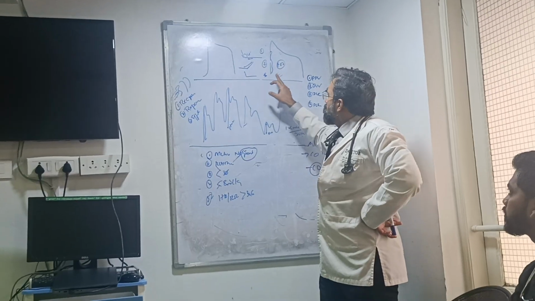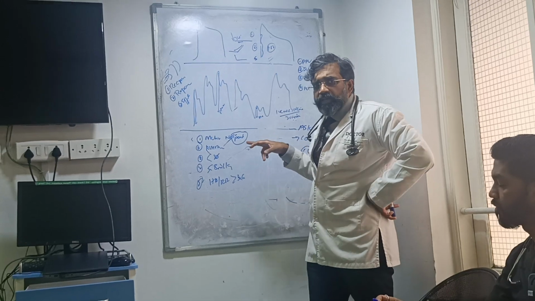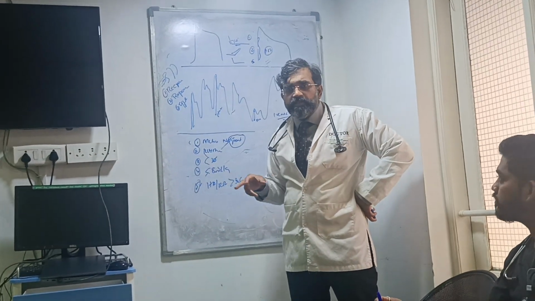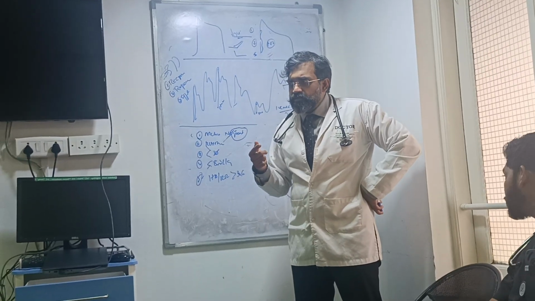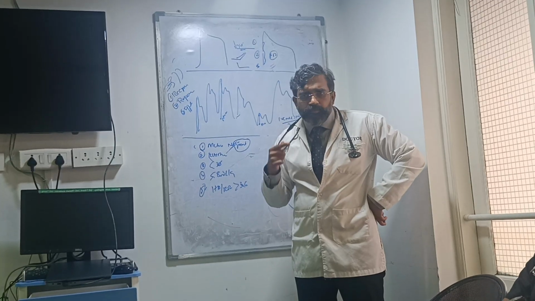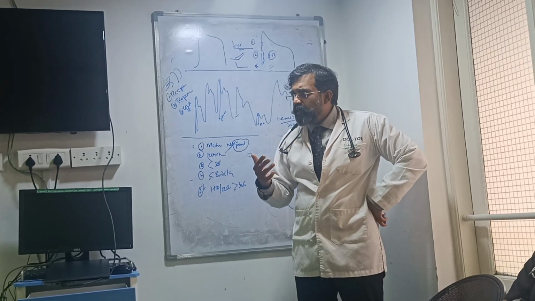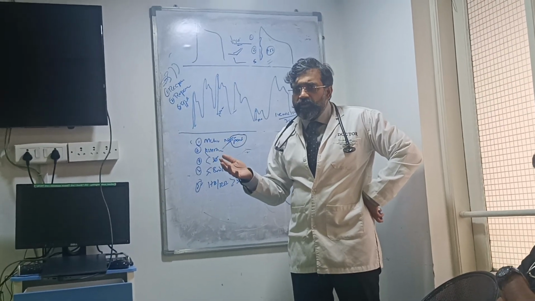Watch what happens to the stroke volume, what happens to the CCO. If the cardiac output increases by 10%, that means if it's 4.1, it has become 4.6. That means it is a 10% increase. If it's 2.5 and it becomes 3, or 2.8 becomes 2.9, that's the cardiac output.